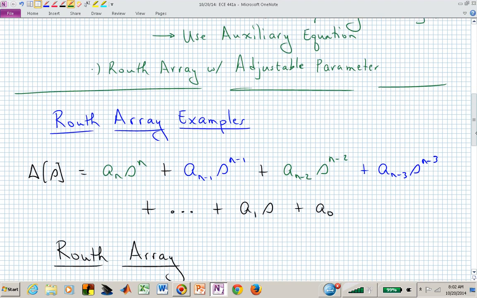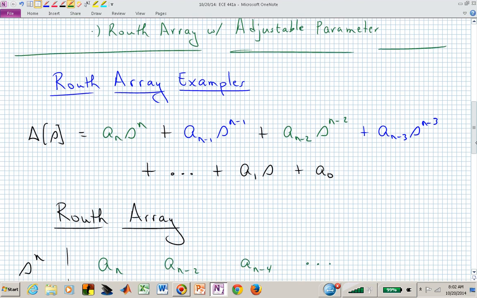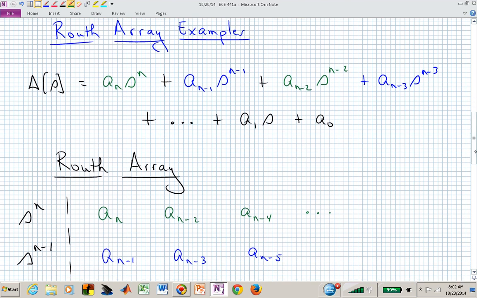To get us started, let's remind ourselves of what we were doing when we were building the Routh array. We have this nth order polynomial. N could be even or odd, it doesn't matter. We just need to know the highest power of s in that polynomial, and that produces the top 2 rows in our Routh array.